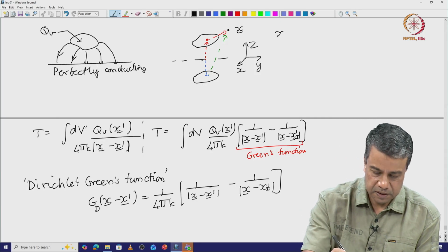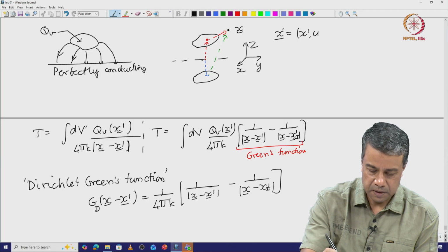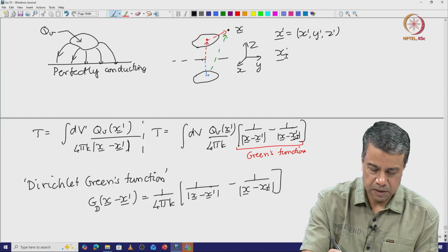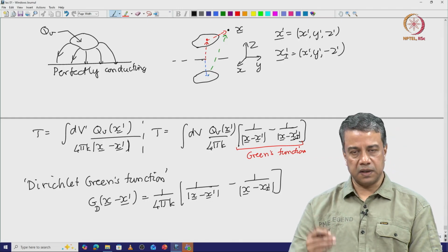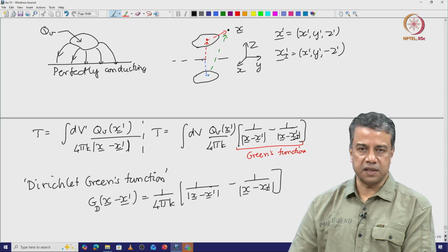Then if x prime is equal to (x prime, y prime, z prime), then the image is equal to (x prime, y prime, minus z prime). It is a reflection of the source on this plane at z equal to 0.